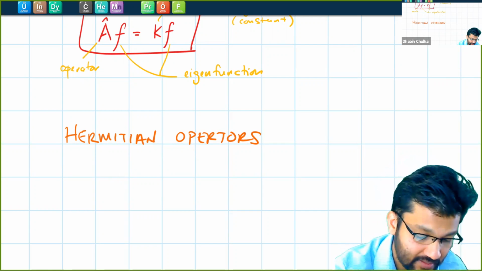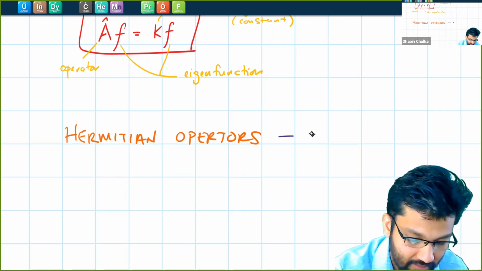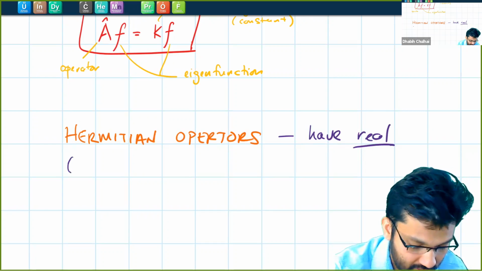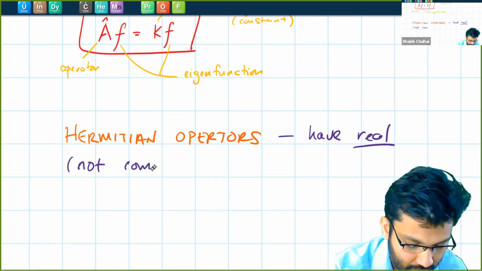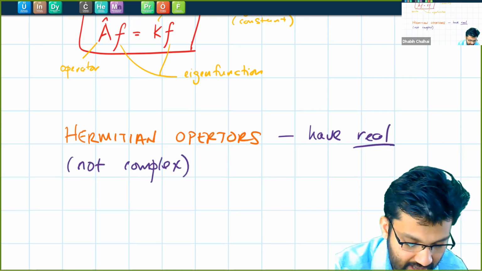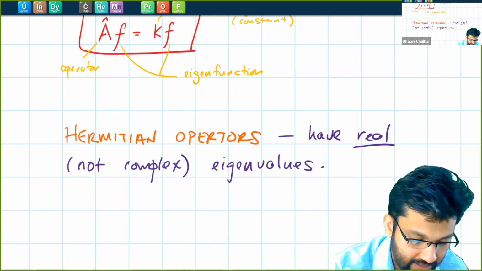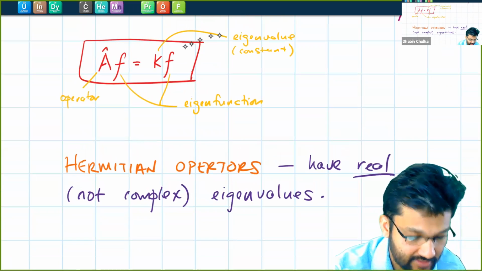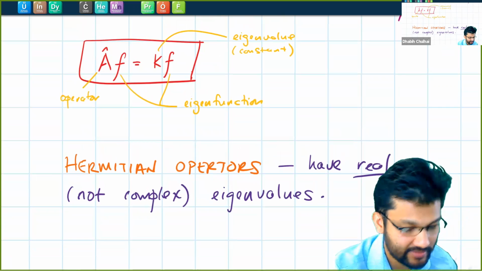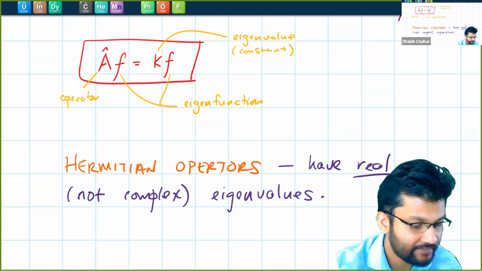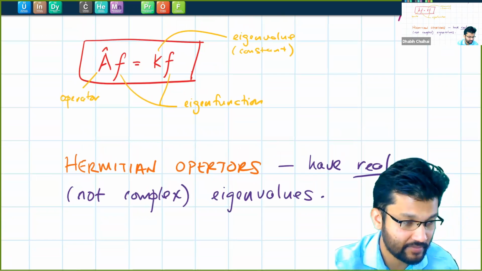All this means is they have real, not complex, eigenvalues. Right? So the constant that it returns is going to be real, not imaginary or complex. And if you think about it for a little bit, this sort of makes sense, right?